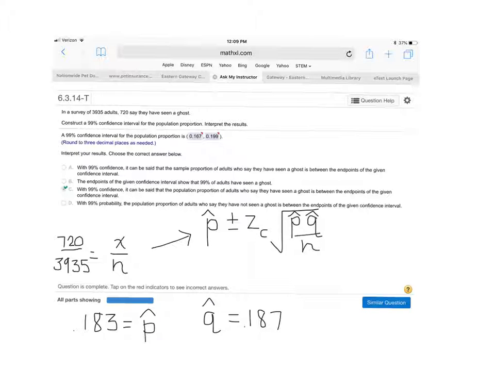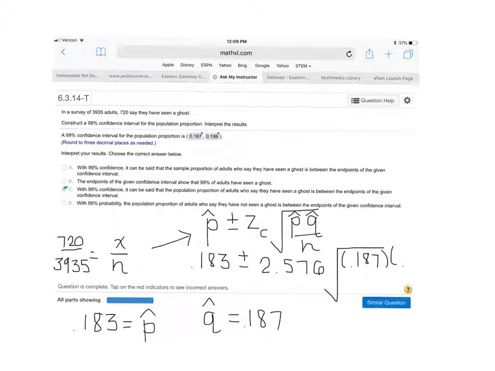So we'll go on to construct our interval. We have a p hat of 0.183, a critical value which we get from our table of critical values. It's going to be 2.576, and in a moment I'll just remind you of how we get that number. And then multiplied by the standard error, which is our p hat of 0.187, times our q hat of, oops, I wrote that down wrong, didn't I?